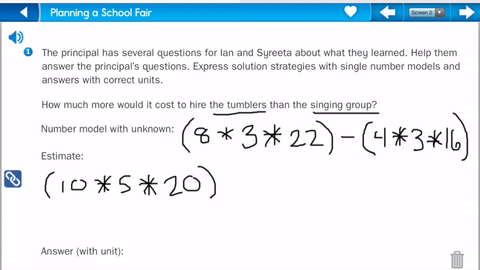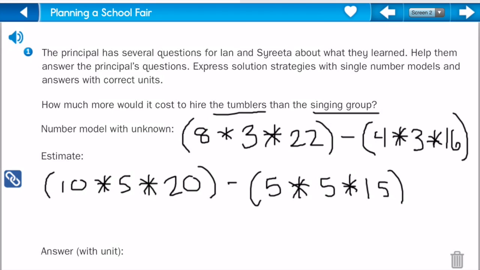So there's my first set. And then I'm going to round that 4 to a 5 because it's pretty close to 5. And I'm going to round that 3 to a 5 again, too. And then I'm going to round that 16 to 15 because it's pretty close. So when I'm estimating, I like to make my numbers end with 10s or maybe 5s or 0s, so that I can easily multiply what I'm doing, okay?